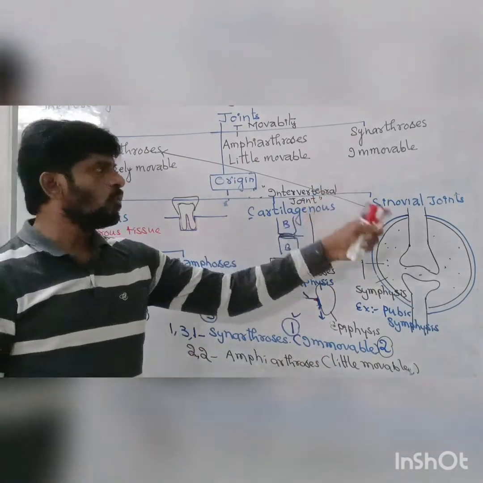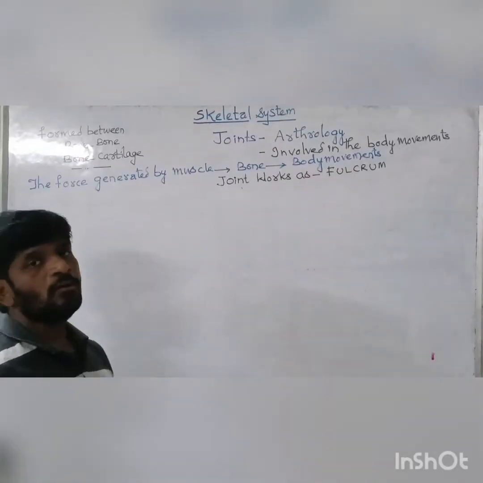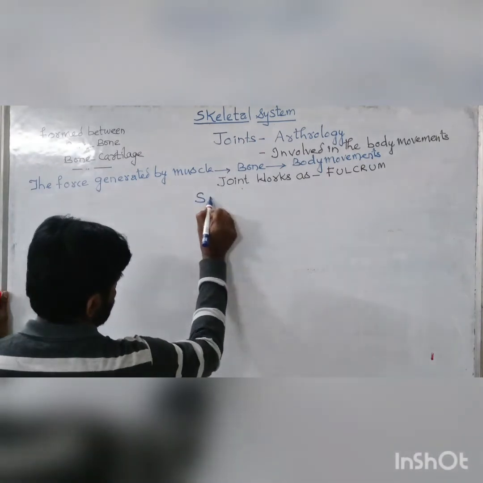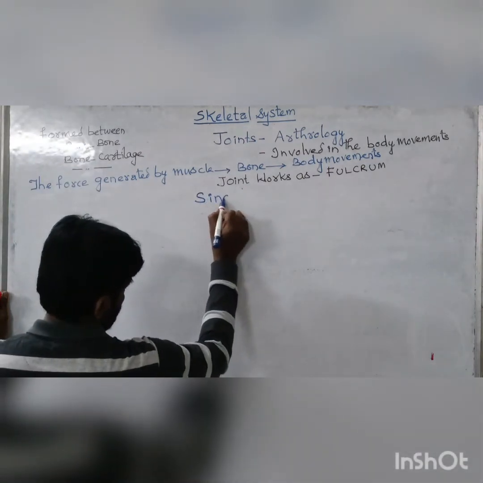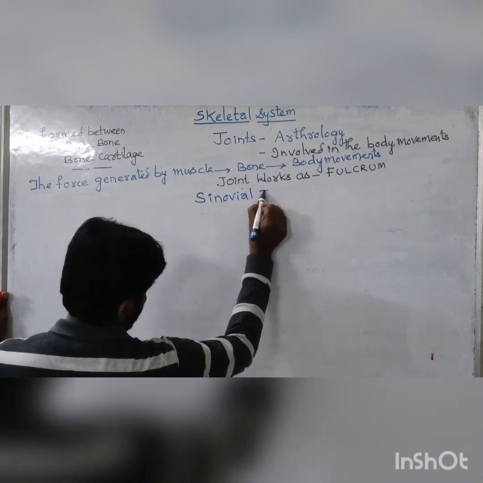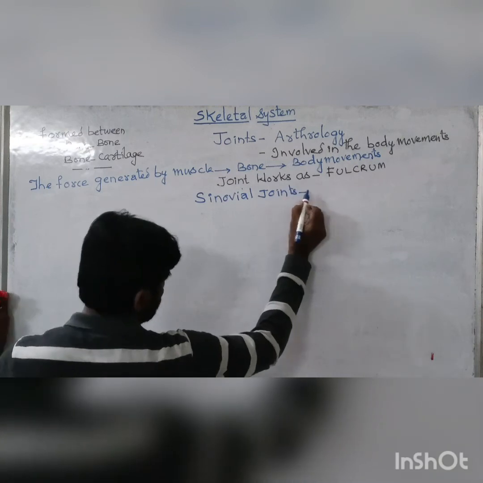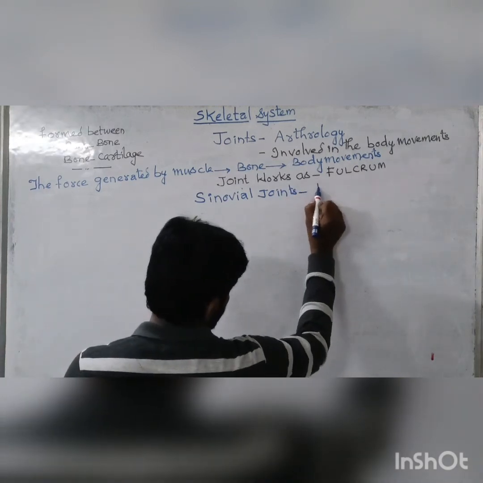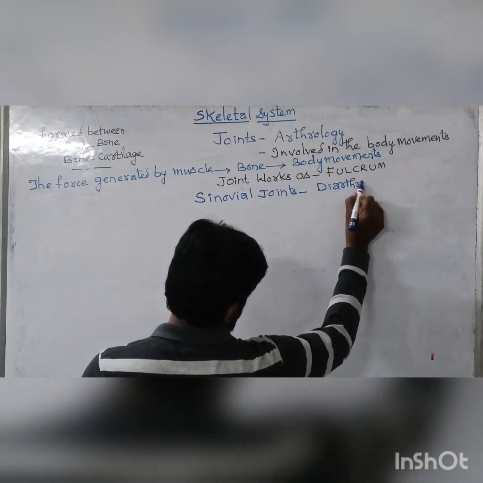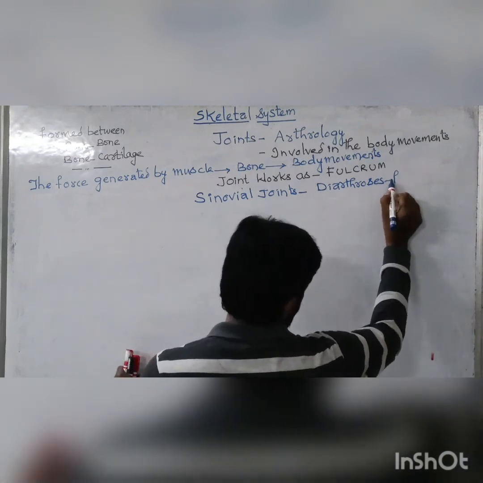And now I move on to the types of the synovial joints. All synovial joints are diarthroses. I mean all are freely mobile.